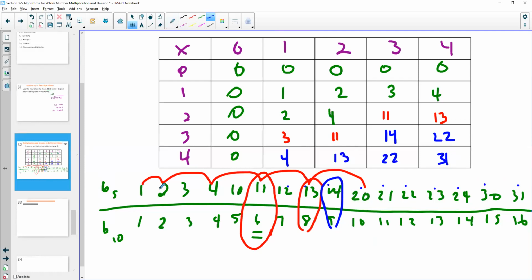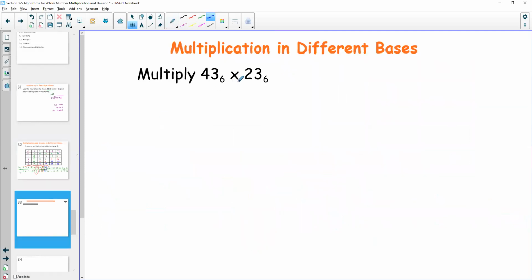Okay, so let's try one. I'm going to make these base 5. All right, I want to multiply 43 times 23 in base 5. Okay, so I'm actually going to do this. Like this. Okay. Well, we can go in pieces, right?